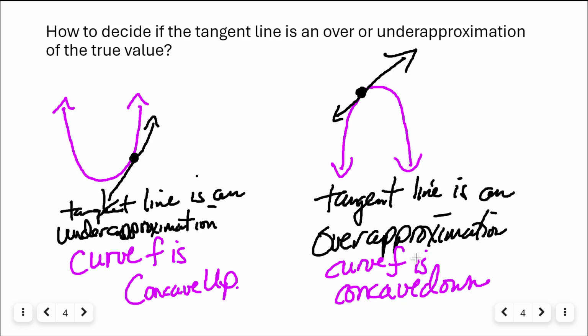And if you remember, that literally was part of our definition for concave up and concave down. Tangent lines lie below the curve, tangent lines lie above the curve. So it makes sense that concavity decides whether the tangent line is an over approximation or an under approximation of that true value.